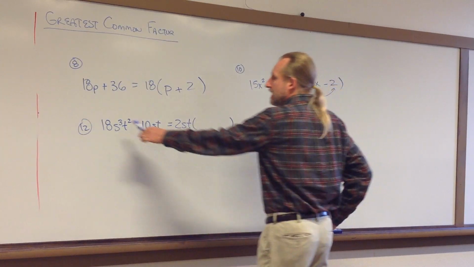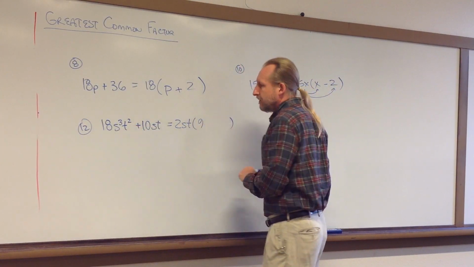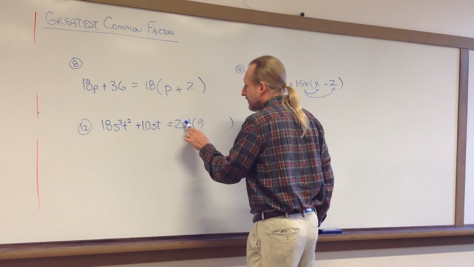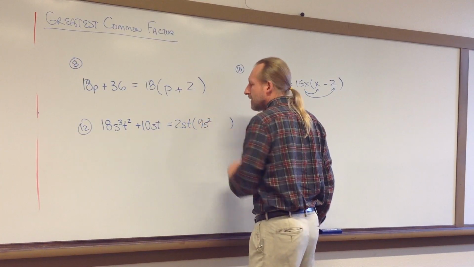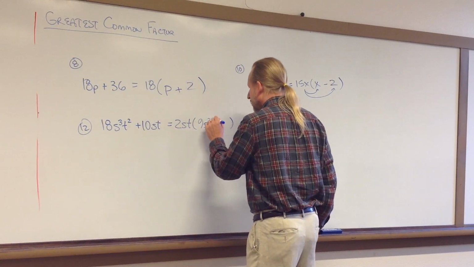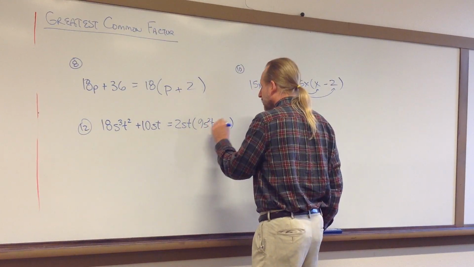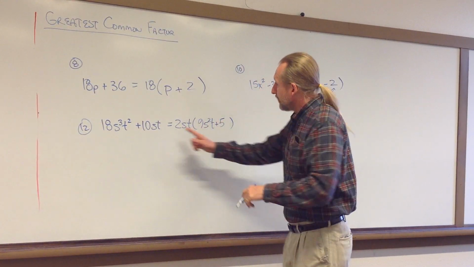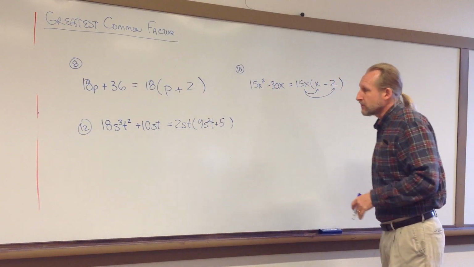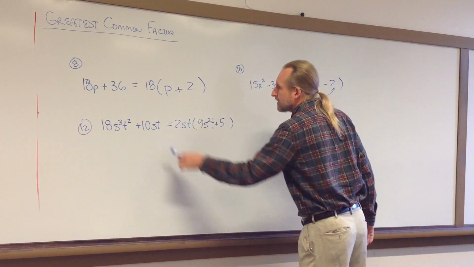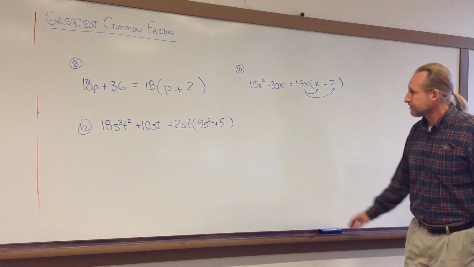Let's see. 18 divided by 2 is 9. We've got an s to the third, so we need to multiply this s by s squared. And a t squared, we'll need an extra t there. Then we'll have 5. We've got an st here and an st here, so we don't need any variables. 5 times 2st will give us the 10st.